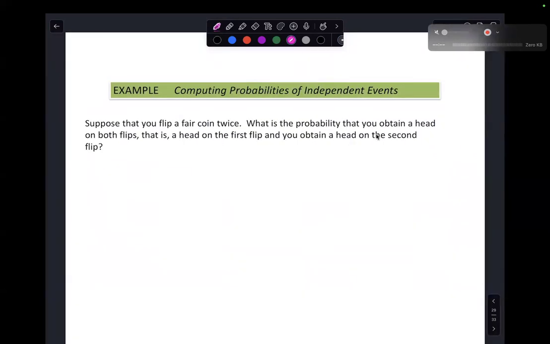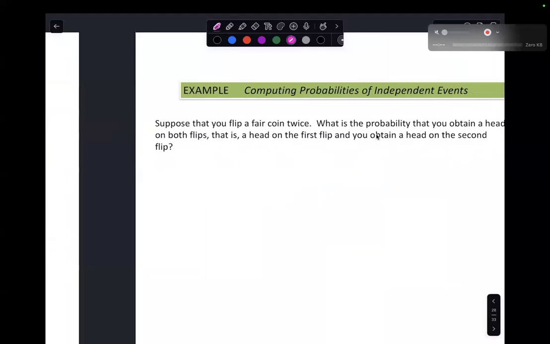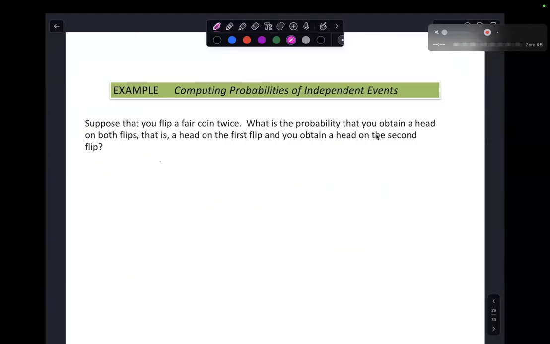All right. You flip a fair coin twice. You want to know the probability you obtain a heads on both flips. I'm going to write all the stuff out. I know you probably could just really quickly get the answer, but I'm going to write probability heads and heads.